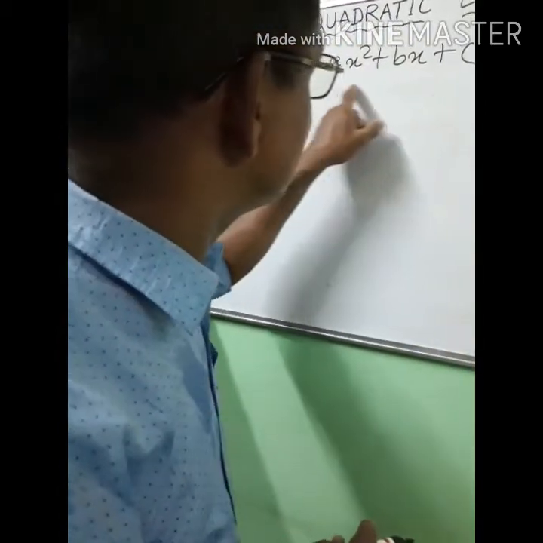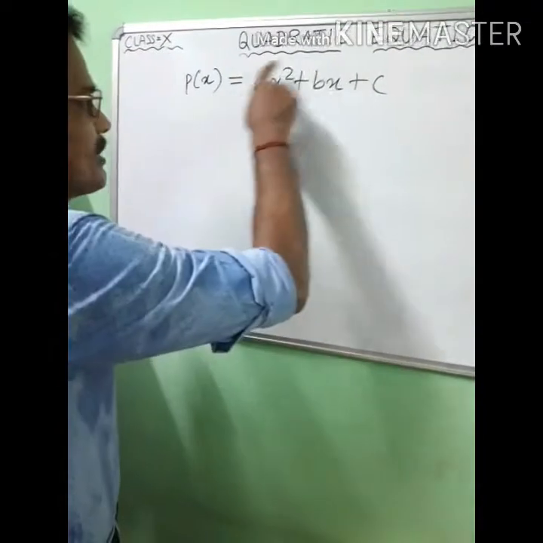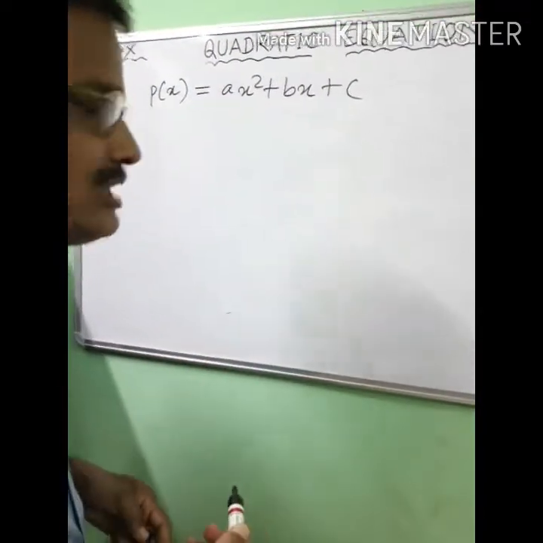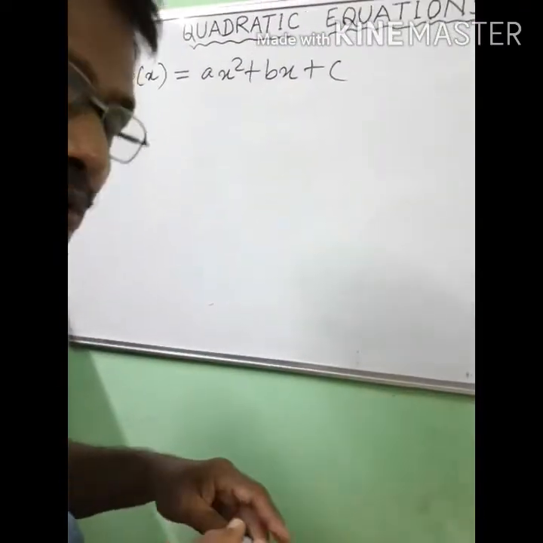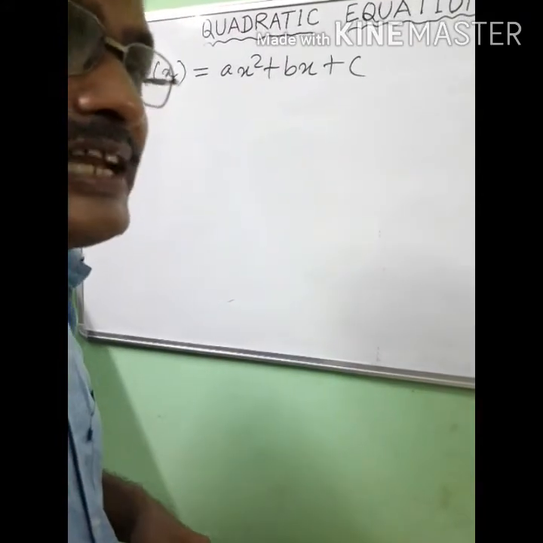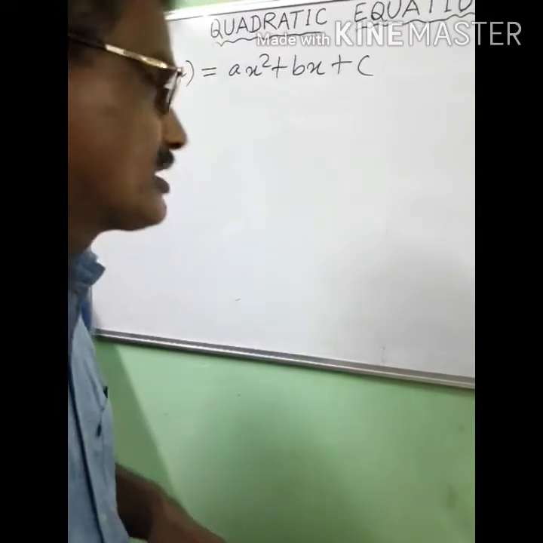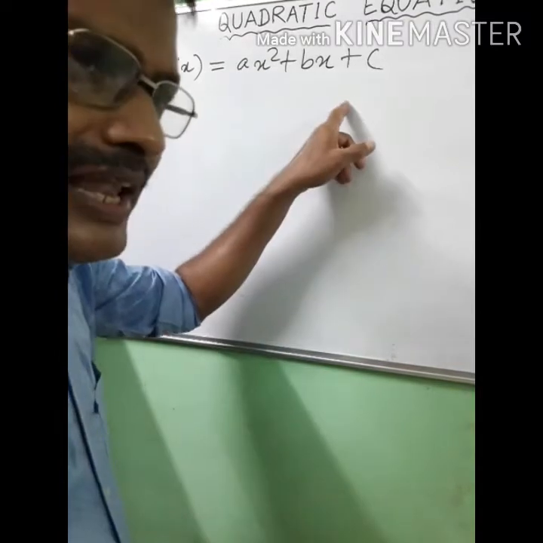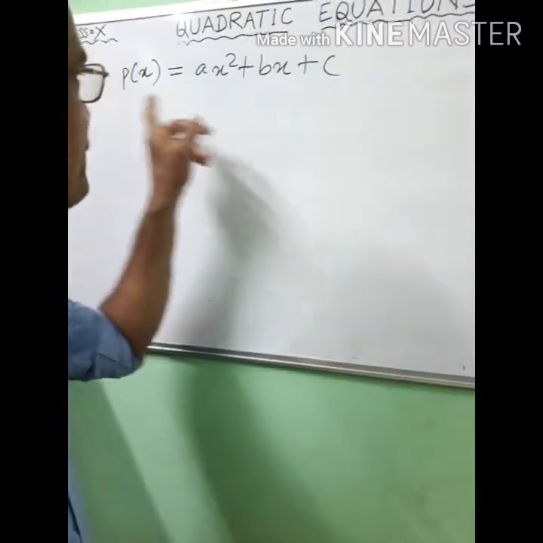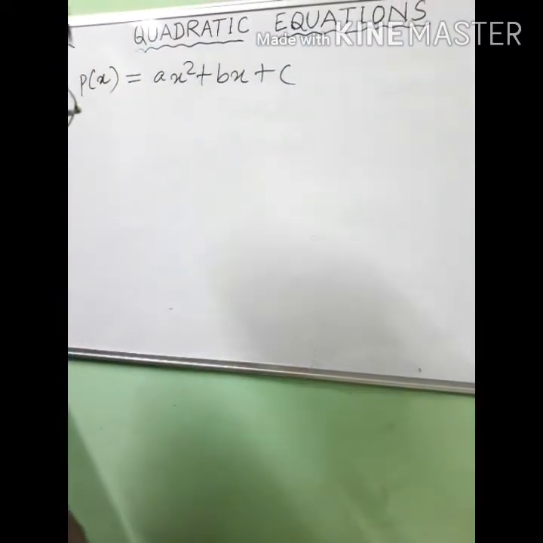If P(x) is a quadratic polynomial, and P(x) is equal to 0, then it is called a quadratic equation.